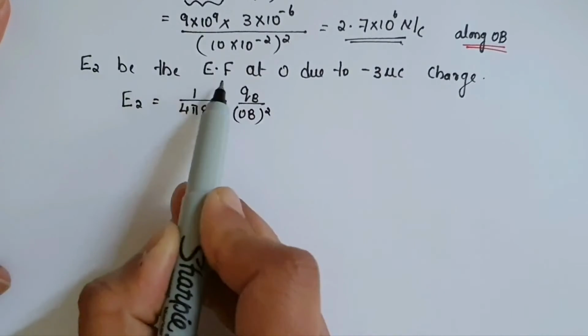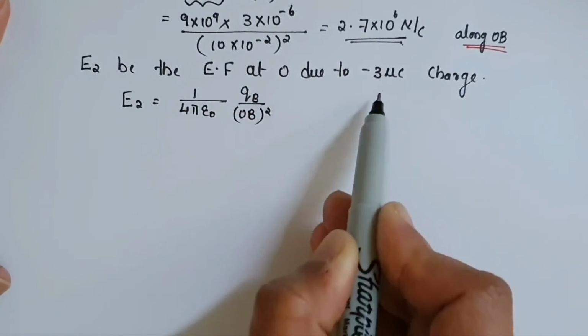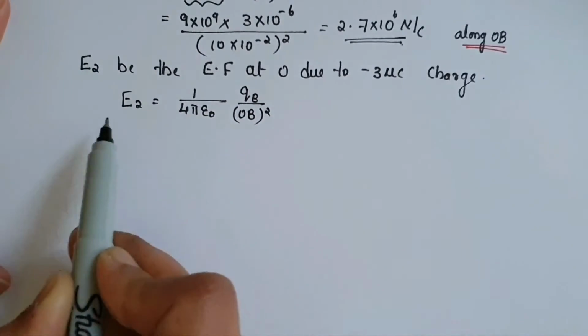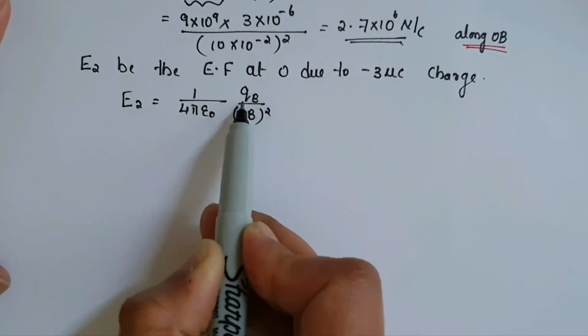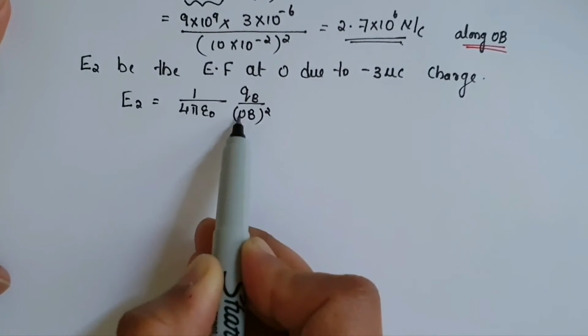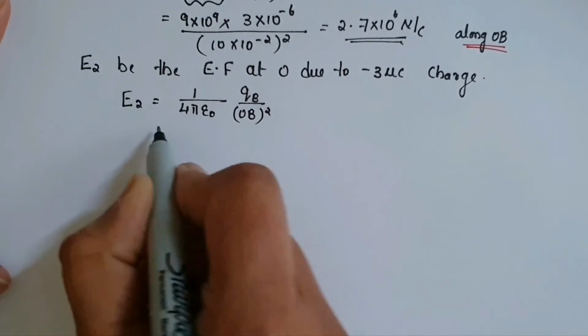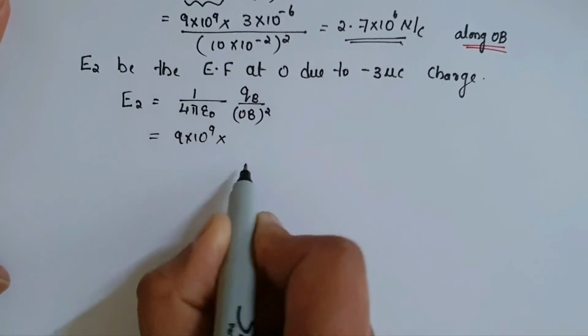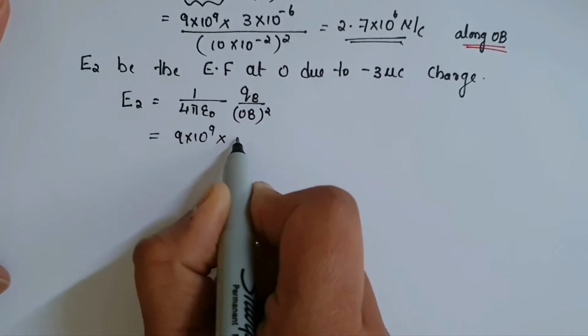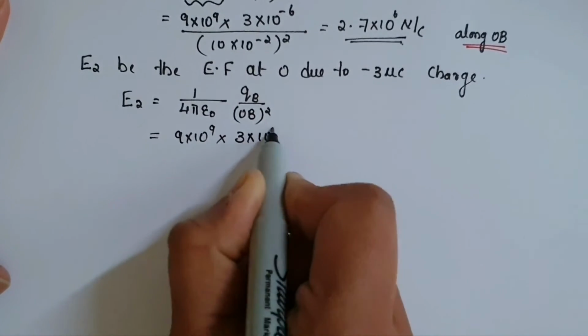Similarly, E2 be the electric field at O due to minus 3 microcoulomb charge. Now what is E2? That is 1 by 4 pi epsilon 0 QB, that is charge at B divided by OB square. Now substitute the values. 9 into 10 raised to 9 into, what is QB? That is minus 3 microcoulomb. That is 3 into 10 raised to minus 6 coulomb.